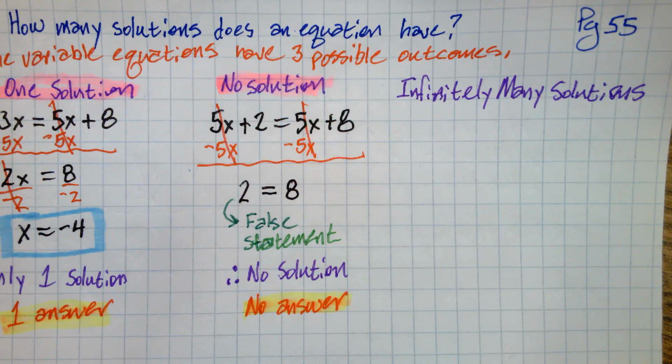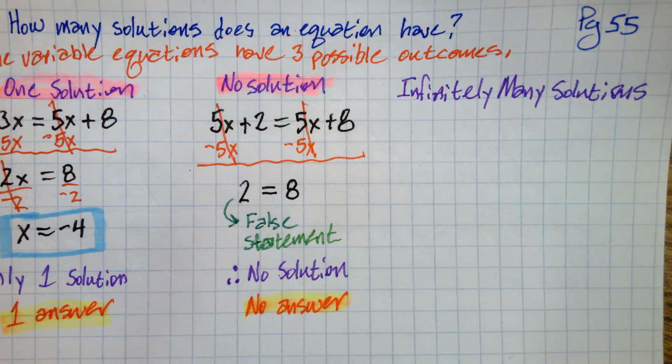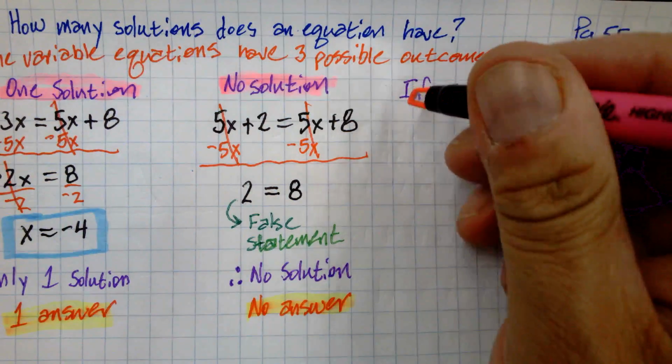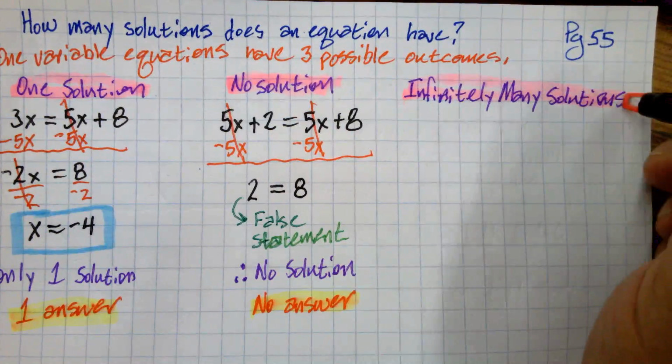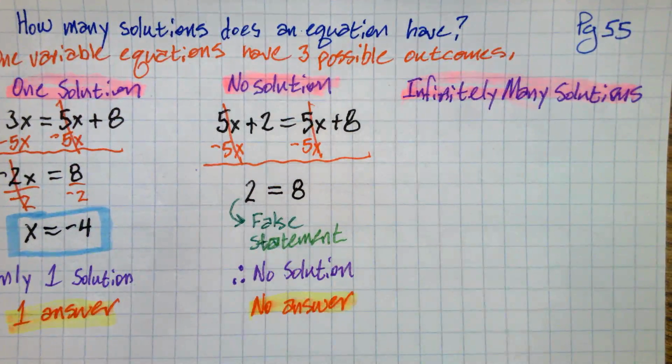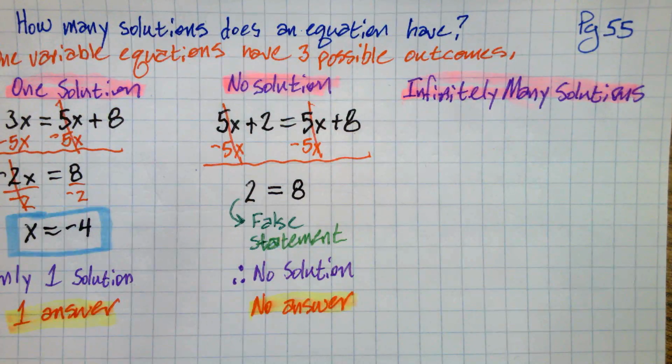Would it be like 5x equals 5x or something like that? Very close. No, it's like 3x plus 1. What you just told me, Abraham, would be an infinite solution situation.